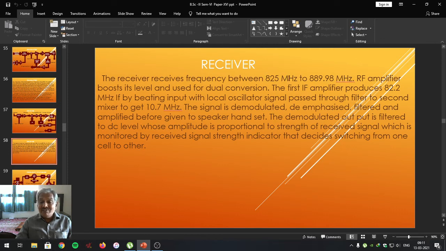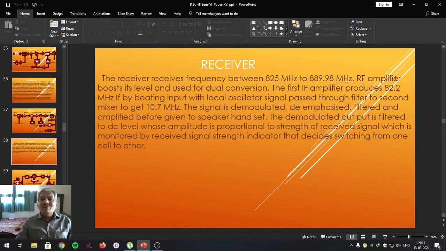The second channel has a frequency of 800.03 MHz with a 30 kHz bandwidth. Like this, almost all transmitters transmit frequencies within the range of 825 MHz to 889.98 MHz. Accurately, those frequencies are received by the receiver of the cell phone.